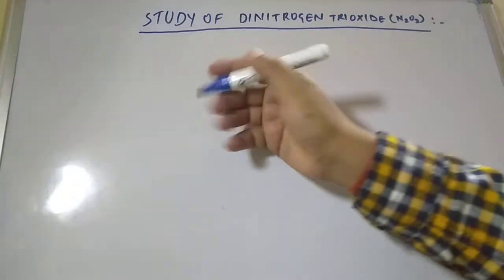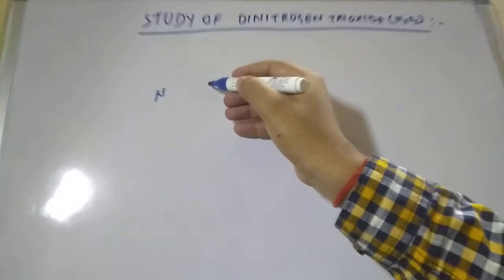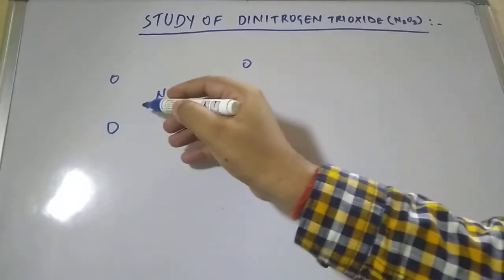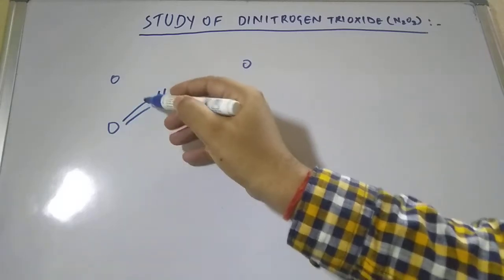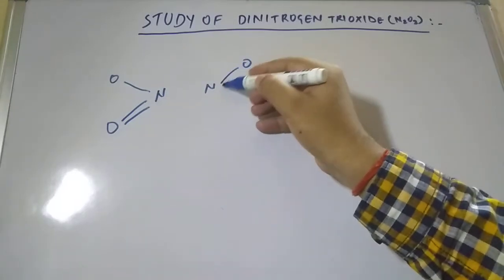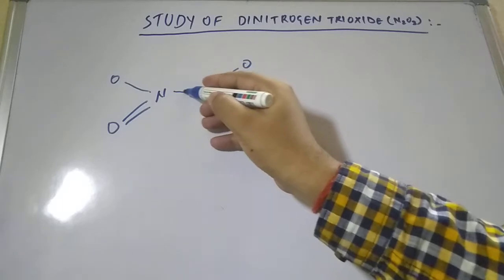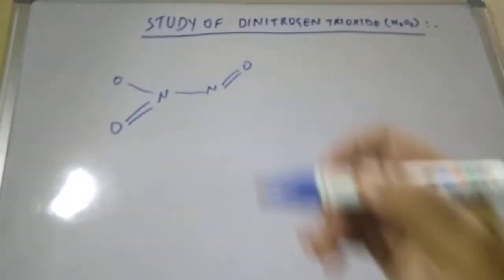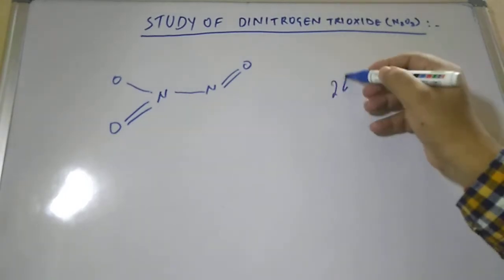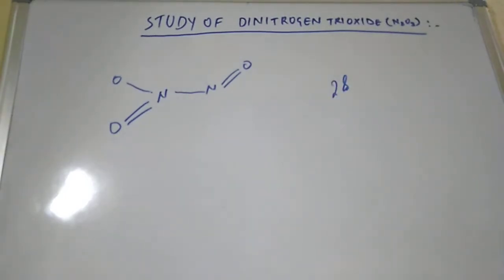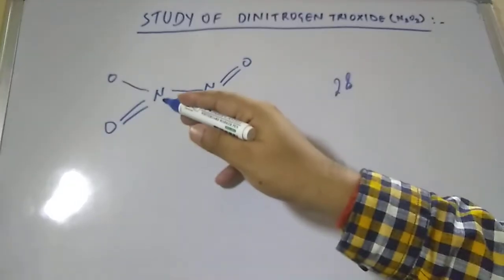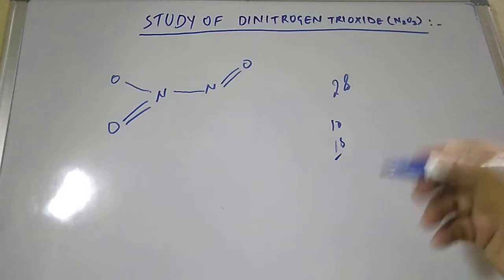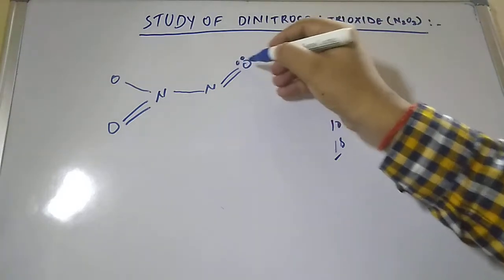Nitrogen is less electronegative, so nitrogen will be the center, and on the other sides there will be oxygen. Of the 6 bonds, firstly we put 2 bonds here, 1 bond here, 2 bonds here, and so on. We put 6 bonds. Now the total valence electron count was 28, so the remaining electrons we have to put in the form of lone pairs.